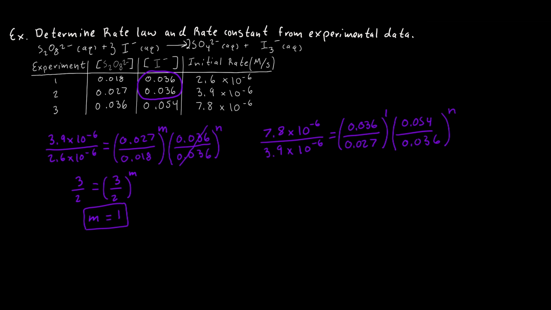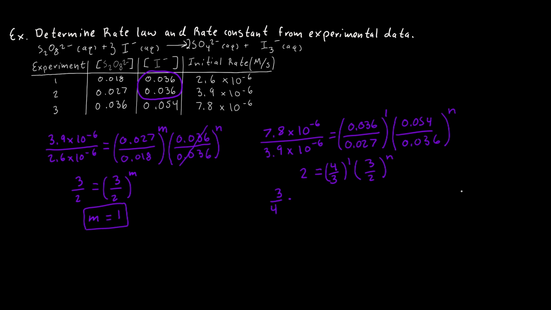And so now if we simplify this in our calculator, we get that 2 is equal to 4 over 3 to the first power times 3 over 2 to the n power. So now we can divide by 4 over 3, and since we're dividing by a fraction, that's the same as multiplying by its inverse.